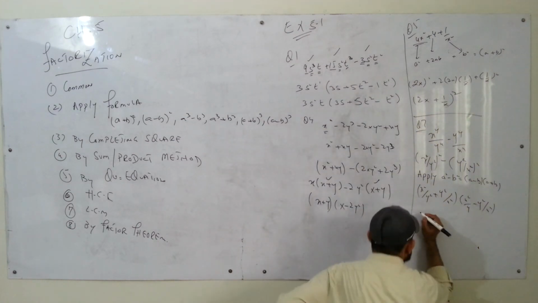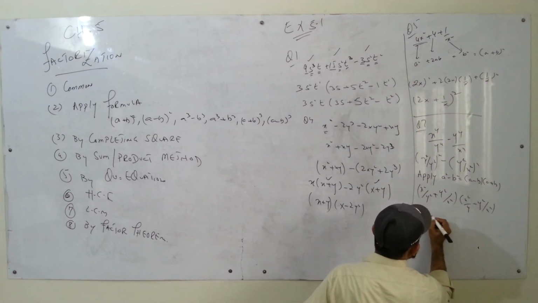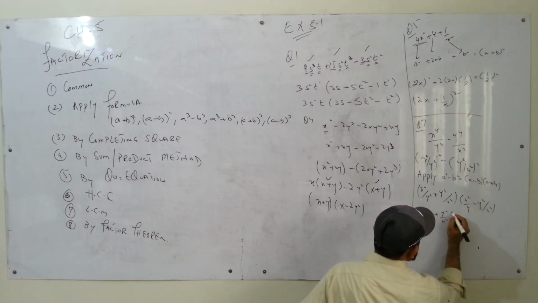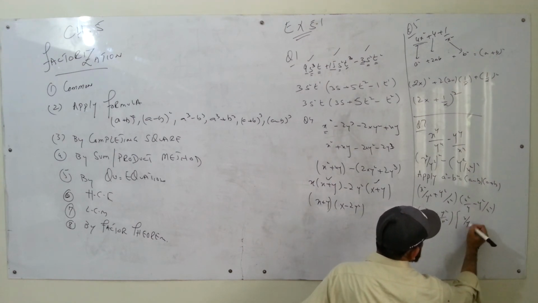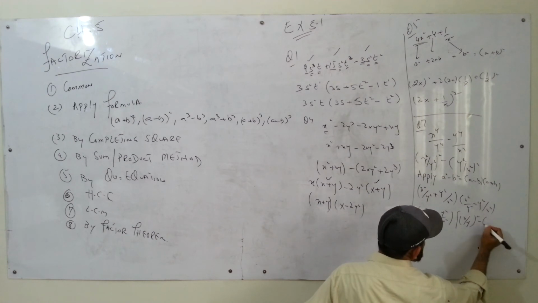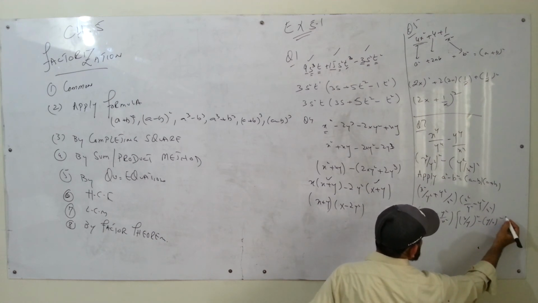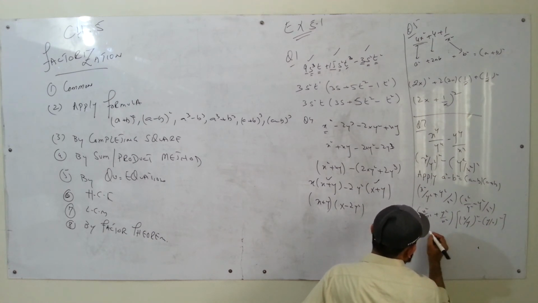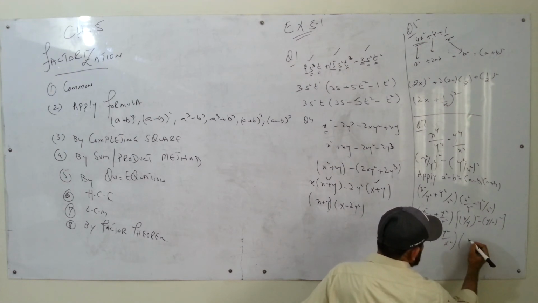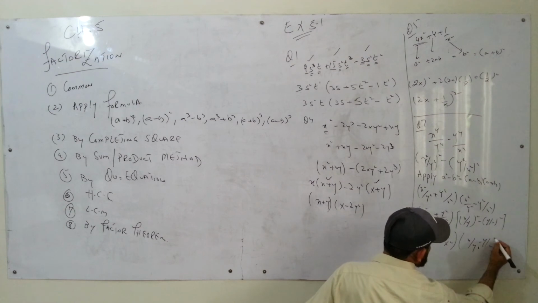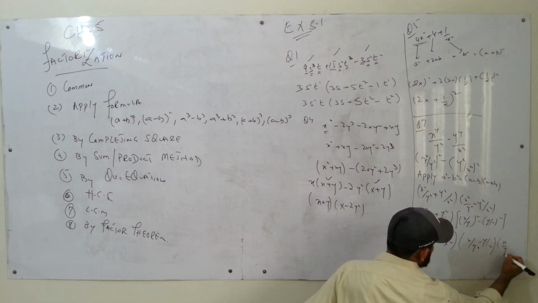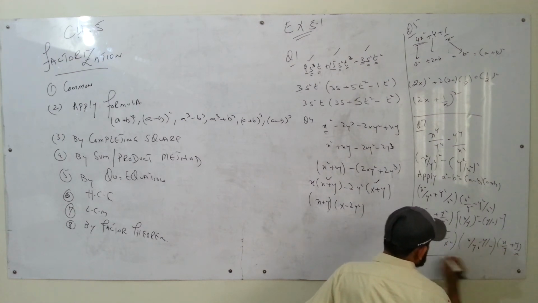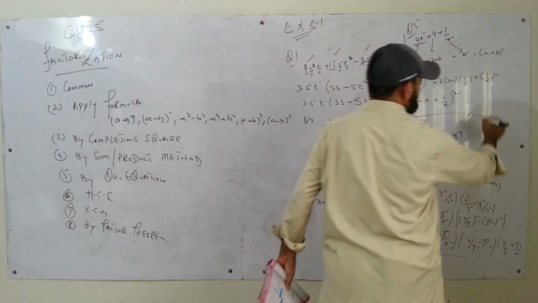The first bracket is the same as it is. The second, we apply the formula again: a square minus b square. The first bracket is the same as it is, and the other is a minus b, a plus b.